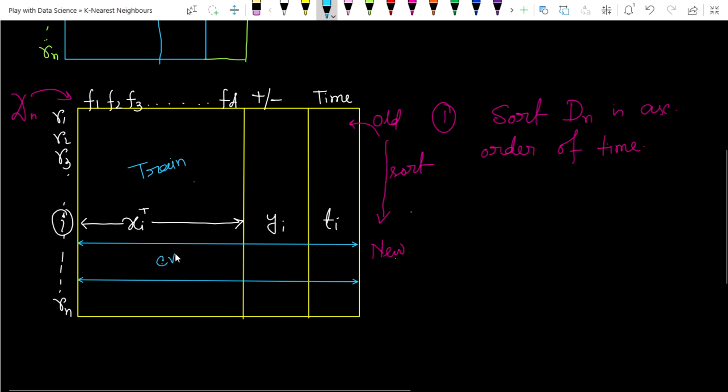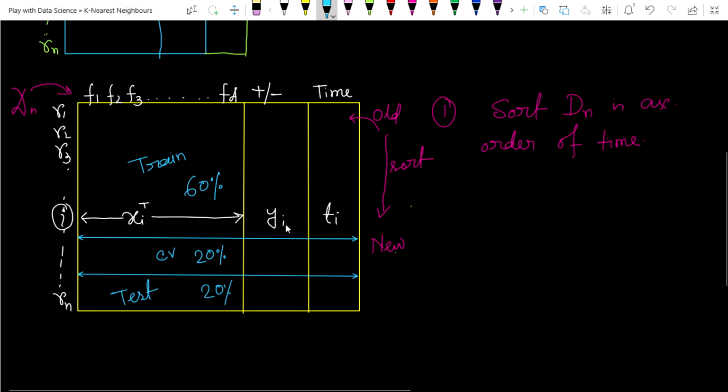We do not do this randomly. We just take the first 60% of data as the training set, then the next 20% as the cross validation set, and the last 20% of data as our test set.